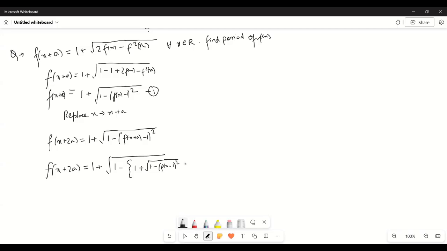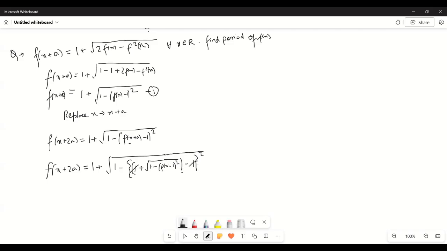है ना -1. तो ये तो f of x plus a हुआ, है ना -1 का स्क्वायर. ठीक है, f of x plus a is this much, ब्रैकेट के अंदर वाला पार्ट. तो when we remove the bracket, ये 1 कैंसिल हो गया.